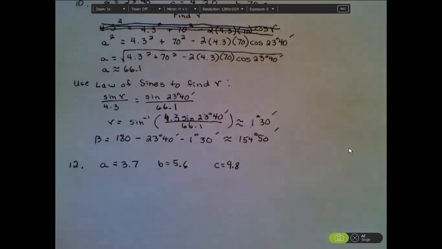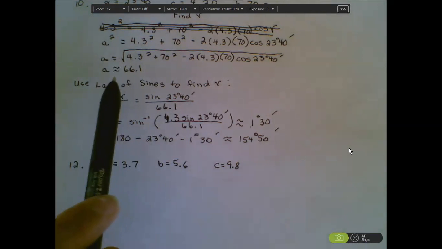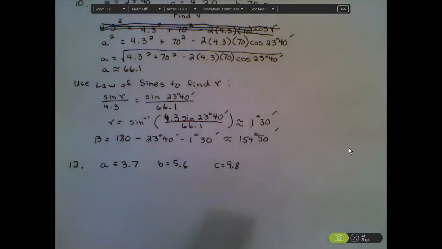Play like I give you 3 sticks. One of them's 3.7 inches long, one of them's 5.6 inches long, one of them is 9.8 inches long. I want you to find the 3 angles that would result from putting these 3 sticks together in a triangle. Well, what do you think we need to find first? Given that we already know, here we had to use the law of cosines to find the 3rd side, but here we have all 3 sides. So what do you want to find first?